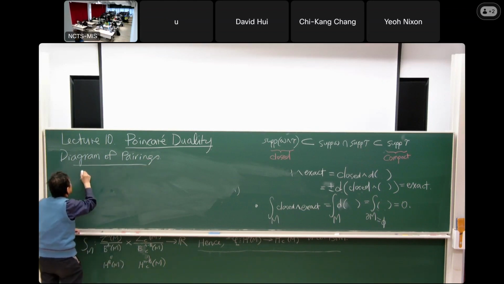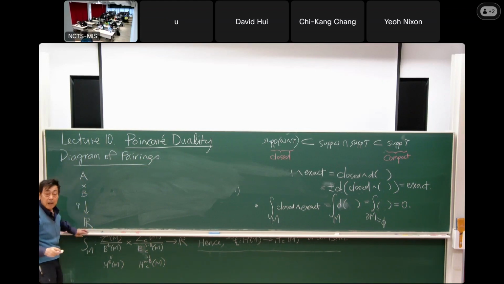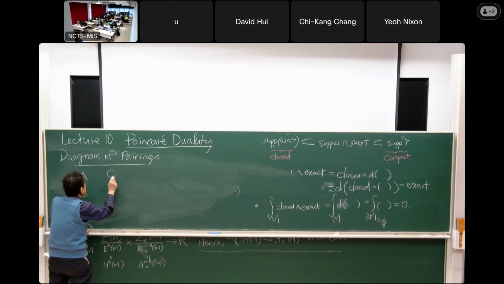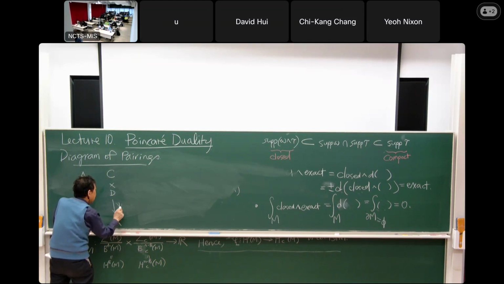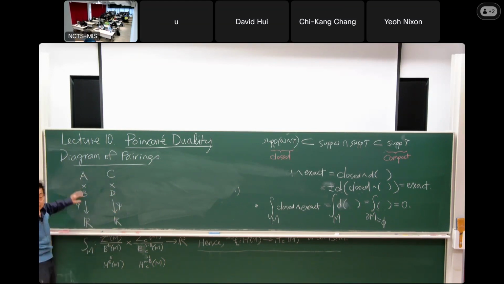Okay, so let's say I have a pairing A cross B to R. Let's call it phi. And I have another pairing C cross D to R, call it psi. A pairing is just a bilinear map.